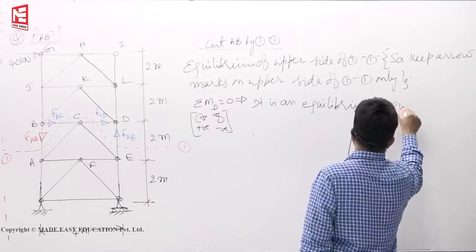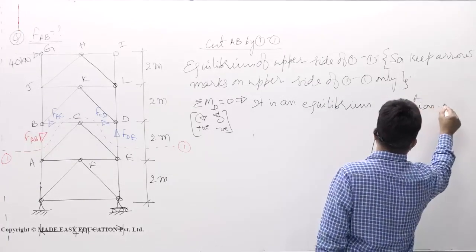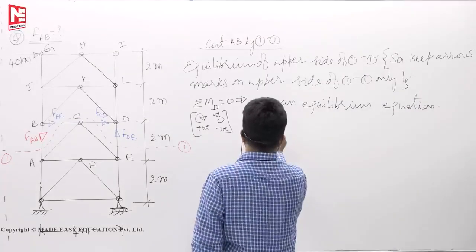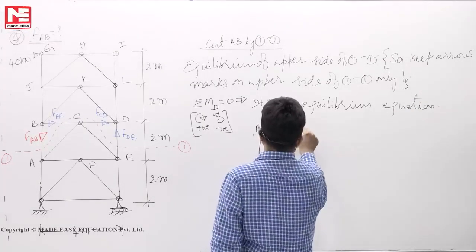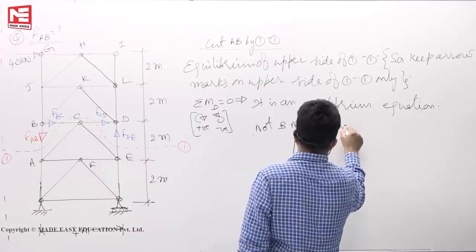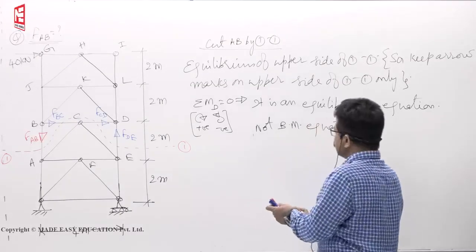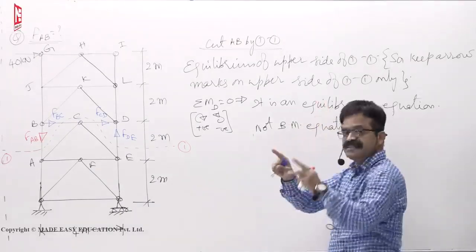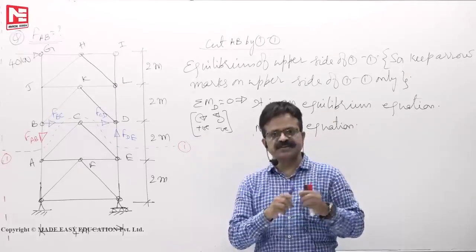It is an equilibrium equation, not bending moment equation. What is the difference? Equilibrium equation means it deals with external forces and external effects only.